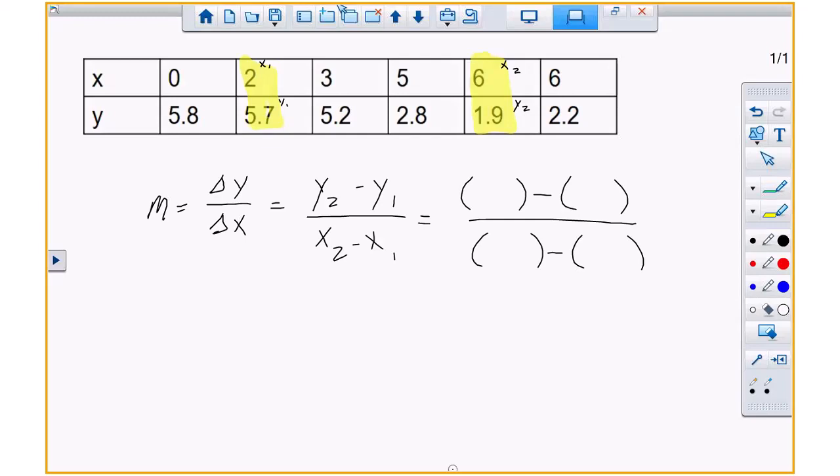So, what is y sub 2? 5.7, and then x sub 2 is 6, and then 2. And somebody take your calculator, $1.90 minus $5.70 is, they know, $3.80.